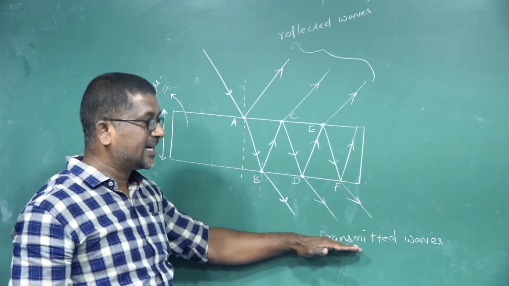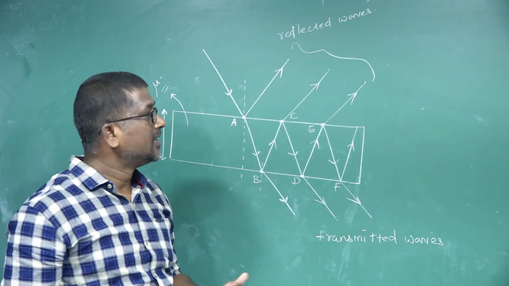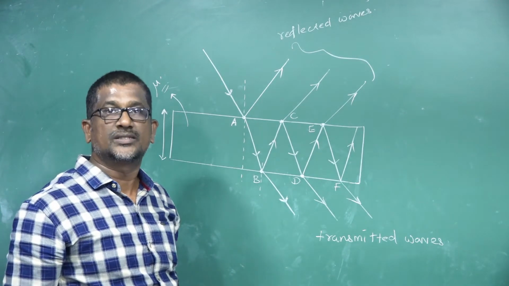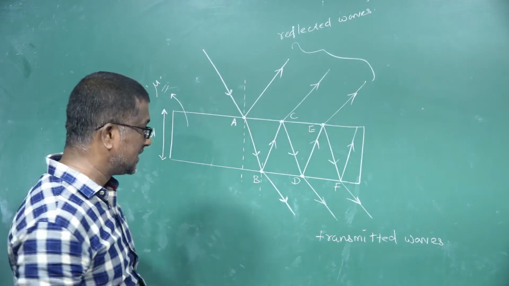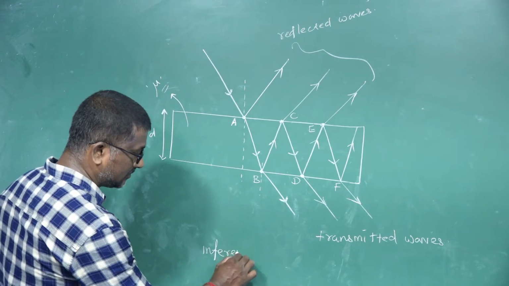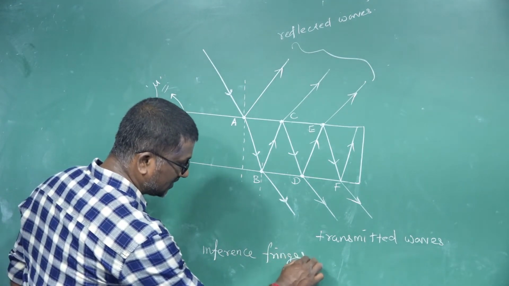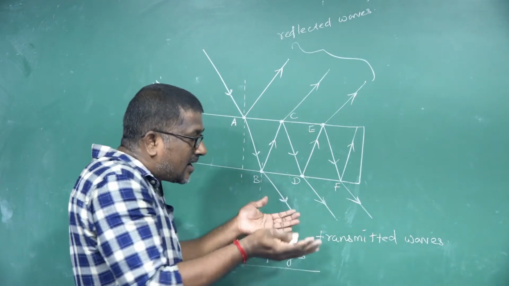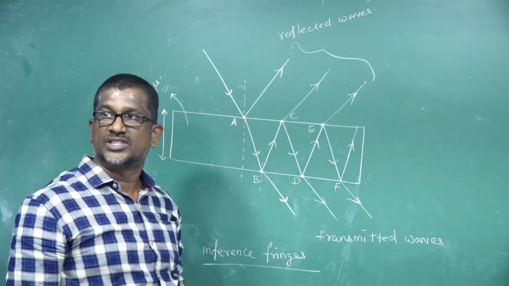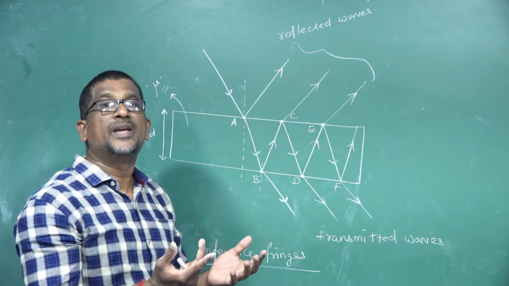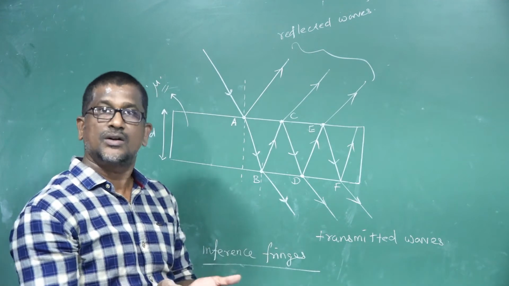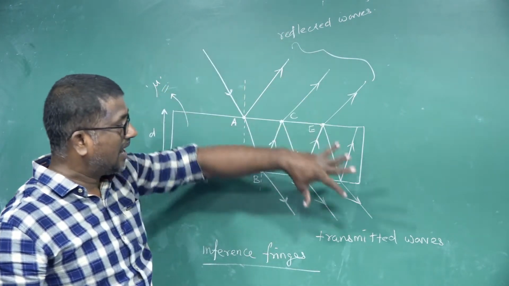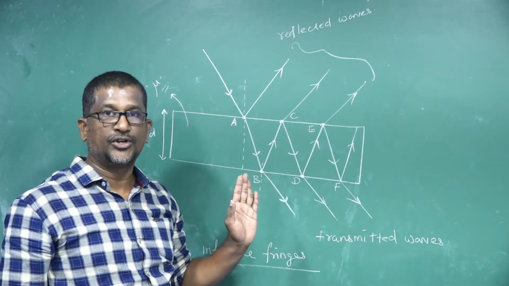As a result, alternate bright and dark fringes are formed. Such fringes are called interference fringes. When these transmitted rays travel along this direction and are superimposed on each other, or interfere with each other at various points, alternate bright and dark fringes are formed. Such fringes are called interference fringes. So both the reflected waves and the transmitted waves produce interference.